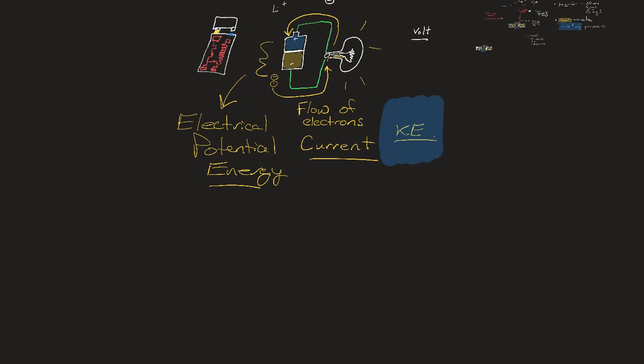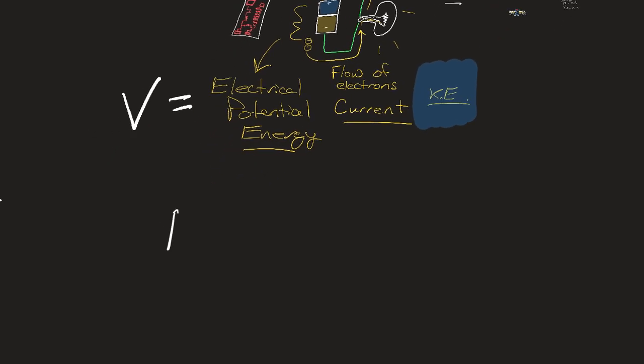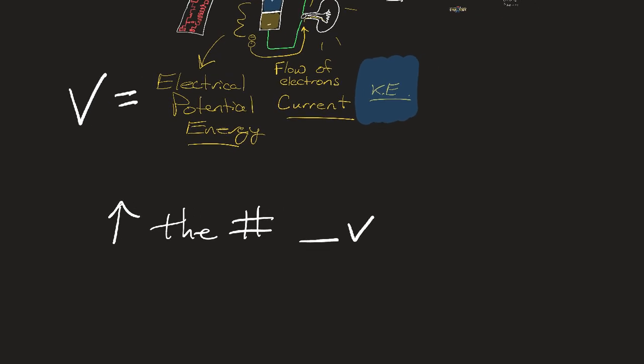I should tell you, the word volt, the symbol is V, is electrical potential energy. The larger the number, up arrow means larger, the larger the number on the battery, the larger the volts, right?